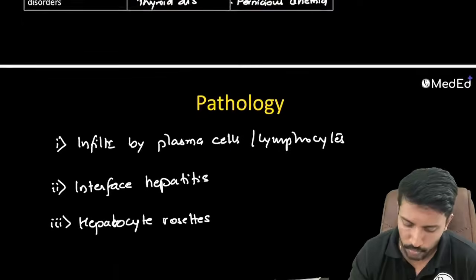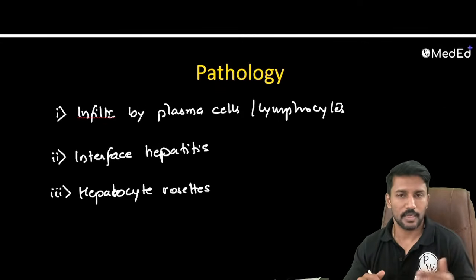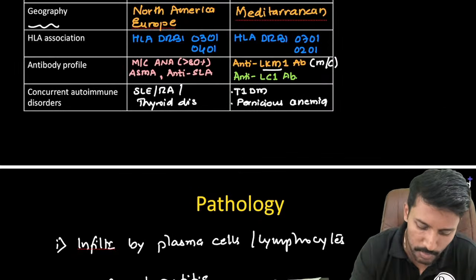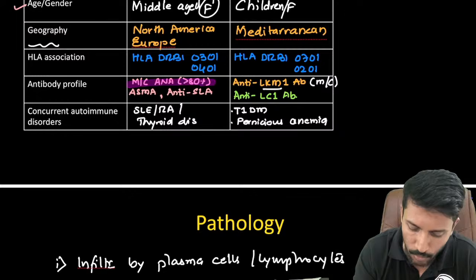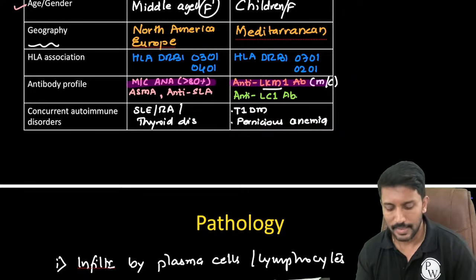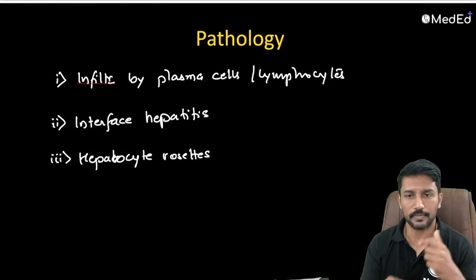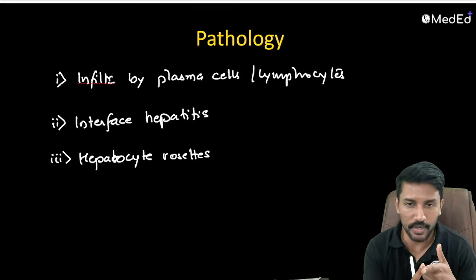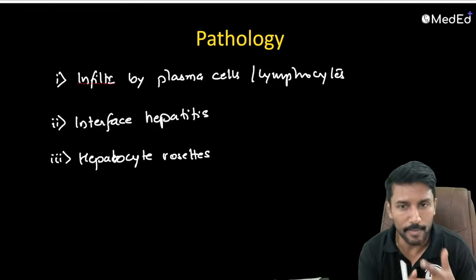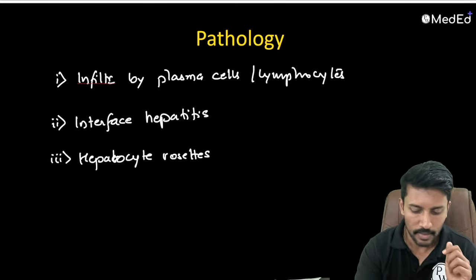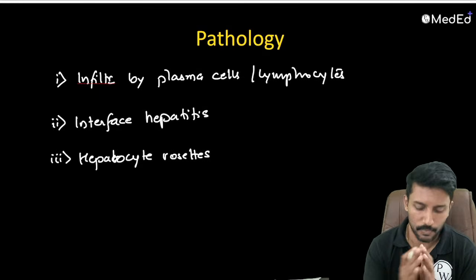Now, if I have an autoimmune disorder, how will I establish the diagnosis? The diagnosis will be established primarily with the help of antibody testing. And gold standard, as usual, will be biopsy. So just like how we had the hepatic ballooning and Mallory deposition in alcoholic hepatitis, here also we'll have some biopsy findings.